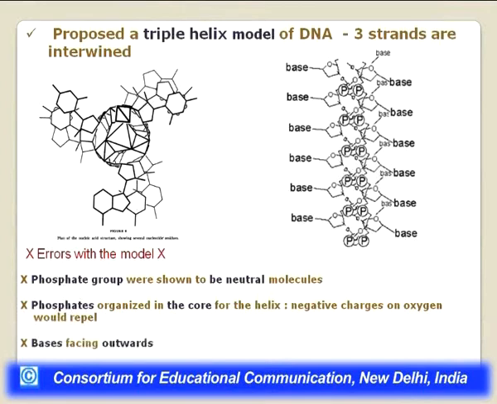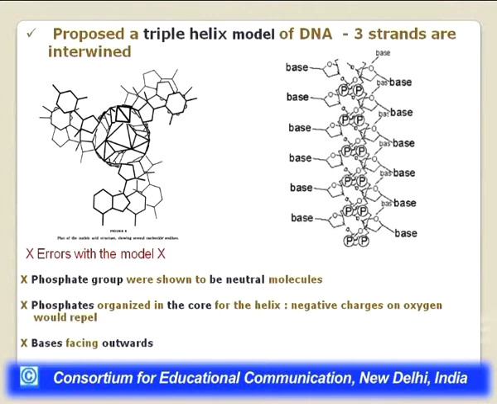The bases were facing outwards again, which was not possible because there are 4 different types of bases, and that would give a very distorted structure for the DNA. If outside there is a variation in the structure, then the entire DNA double helix would be distorted, and it would not give the X-ray diffraction pattern which was obtained by Franklin and Maurice Wilkins, because that was very consistent.